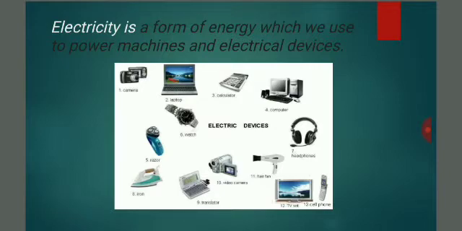For example, camera, laptop, watch, translator, iron, TV set, or the phones that you are holding or computers that you are using, all are electrical devices and they need electricity in order to work. If there is no electricity, all these electrical devices will stop working.